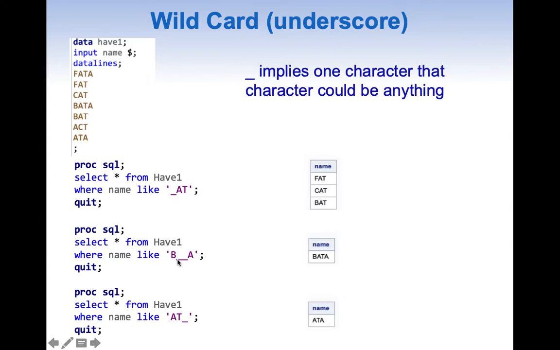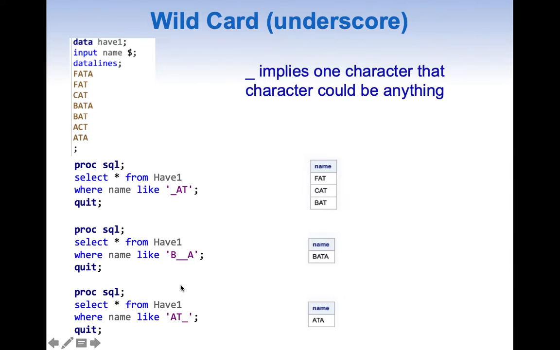You can also use double underscores, which means it can have two characters, and those could be any values. In our case, it is AT. So when we use where name like B underscore underscore A, it gives us the result BATA because that is the only one here.